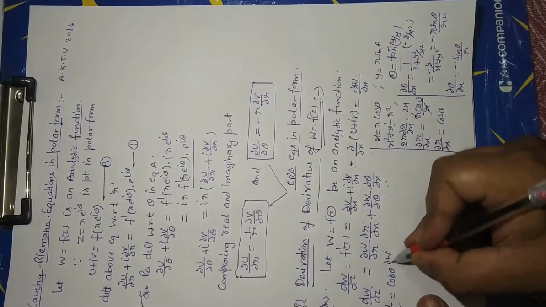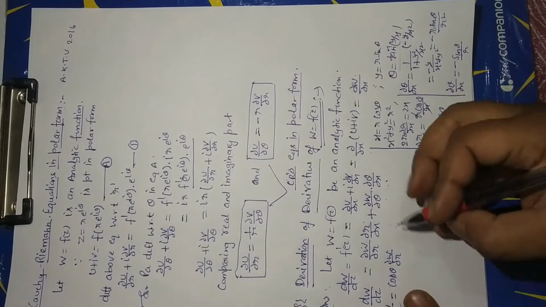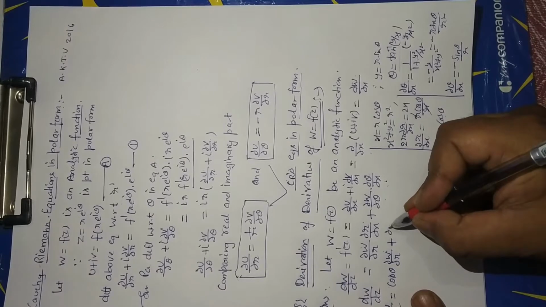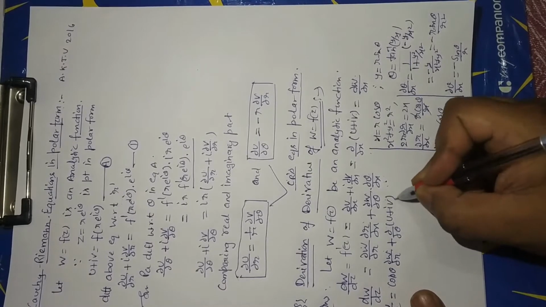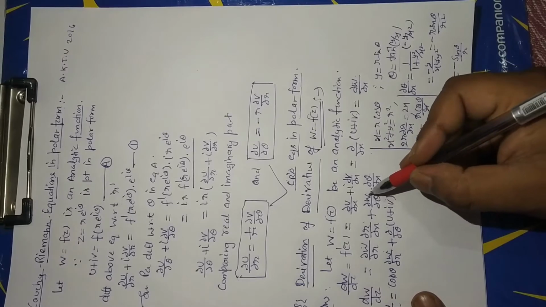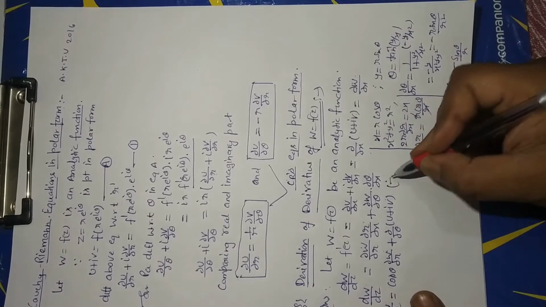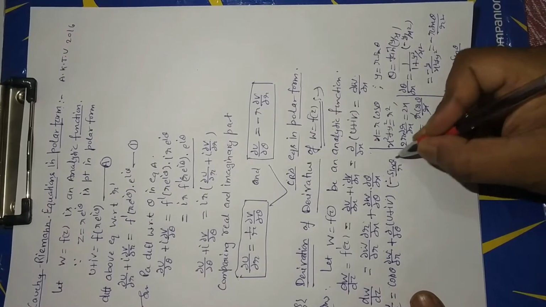Now del W upon del r as it is. Del W upon del theta, del upon del theta of u plus iv. We put W equal to u plus iv. Now del theta upon del x is minus sin theta upon r.